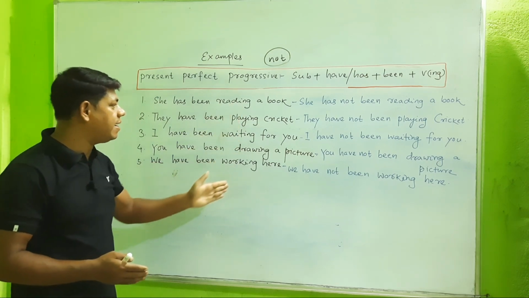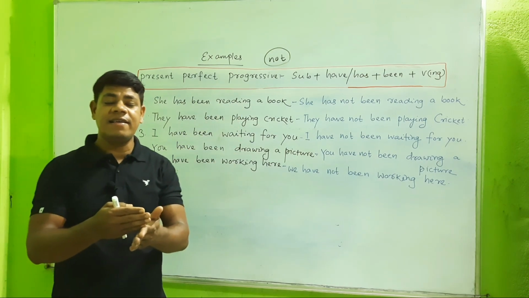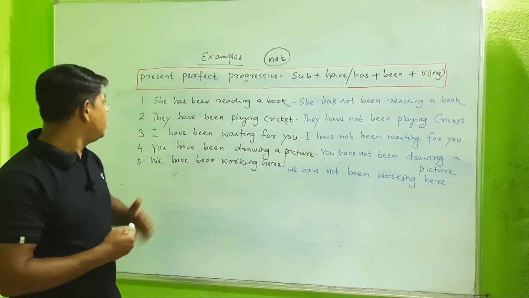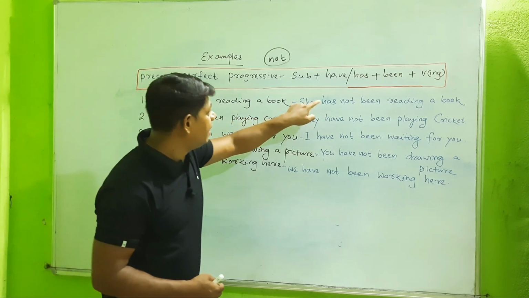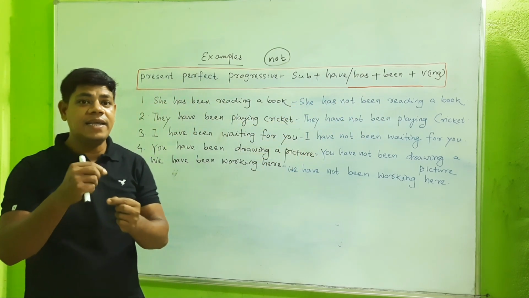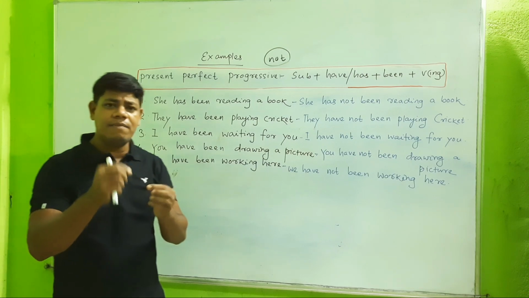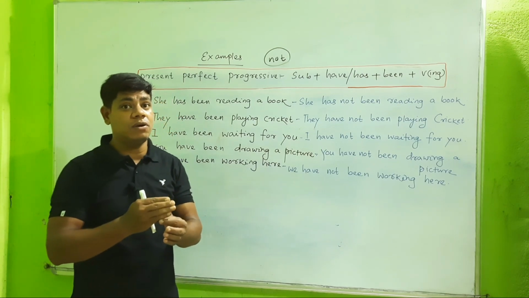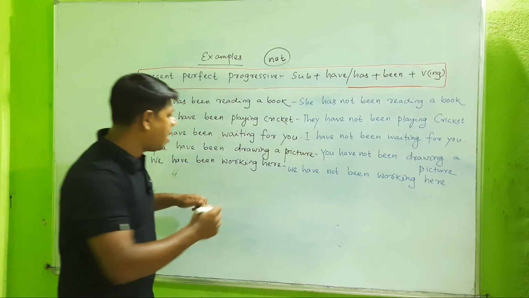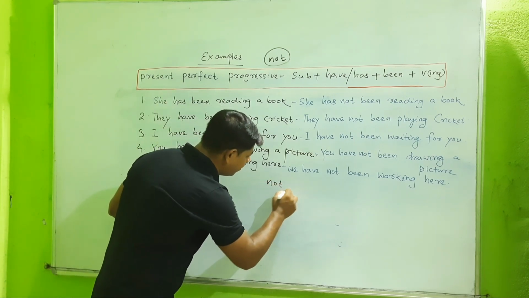So these are the five examples of how these sentences will be converted into negative sentences. You just see, she has not been reading a book. When you are going to convert this sentence, you get a doubt. You have to just add not to the sentence.